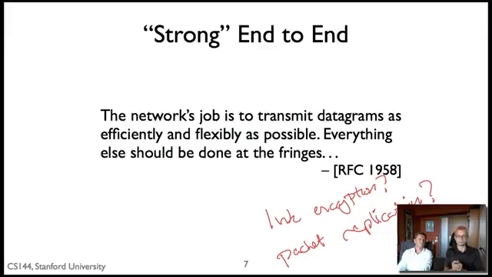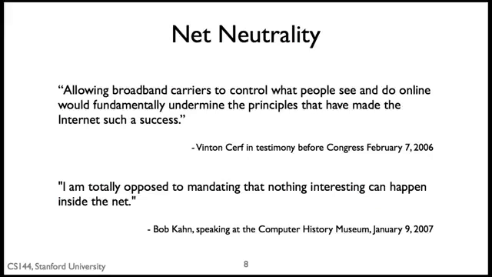So up until this point, Phil and I have been talking about some of the technical and architectural aspects of the end-to-end argument. But it turns out there are some really interesting business and political aspects to this discussion as well. The debate about net neutrality is largely about the following problem.